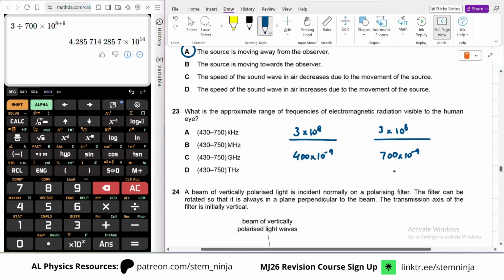This frequency would be lower, so this is 4.2 times 10 raised to the power 14. Nearest one is tera, 10 raised to the power 12.